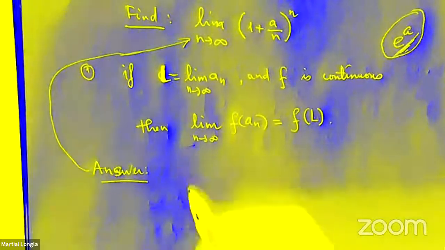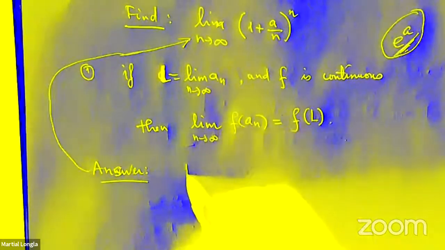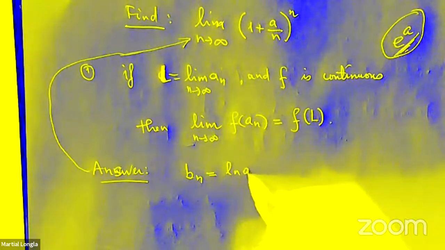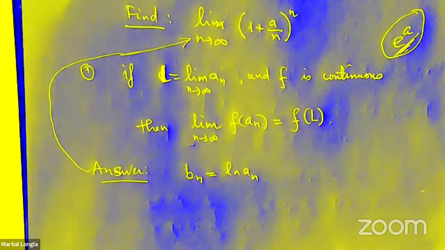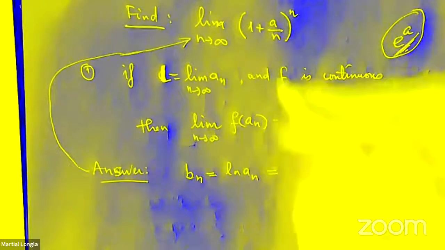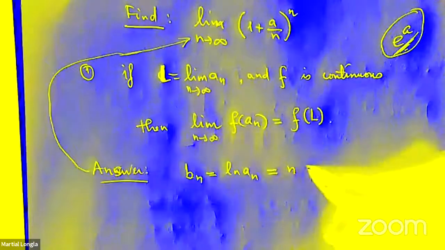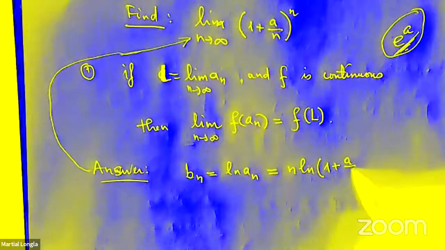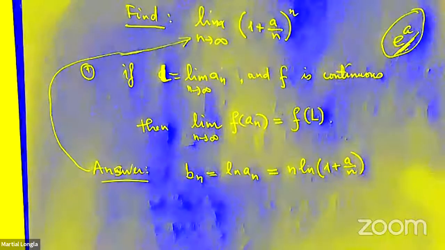So what you do is you take bn as the natural log of an. You take the natural log to get rid of that power that is disturbing there. The natural log of an is going to be n natural log of (1 plus a over n). This is it.